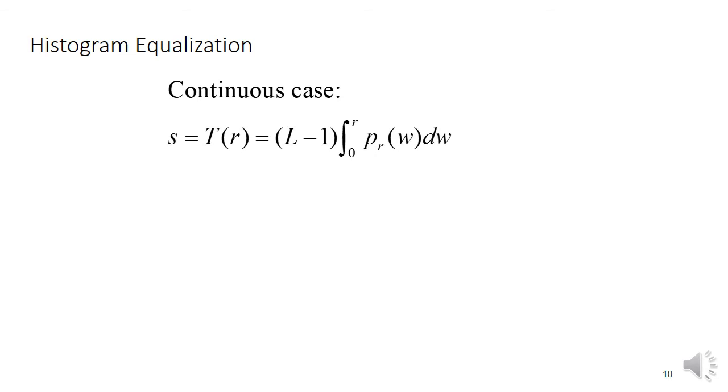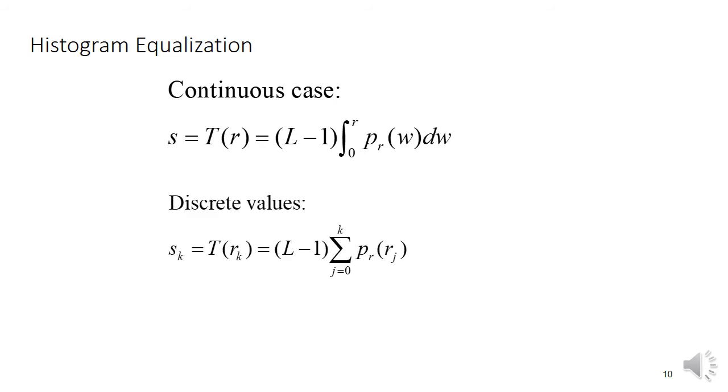So for histogram equalization we have two cases. The first one is the continuous case, which you have already seen: S is equal to the transformation of R, which is equal to L minus 1 times the integration from 0 to R of P of R of randomly selected pixel W, dW.